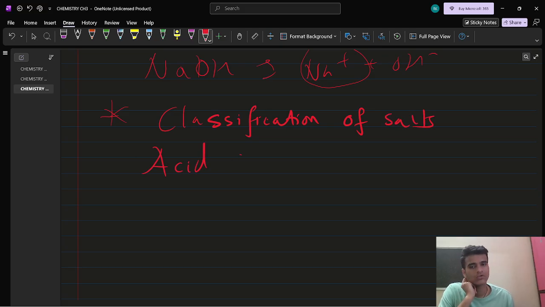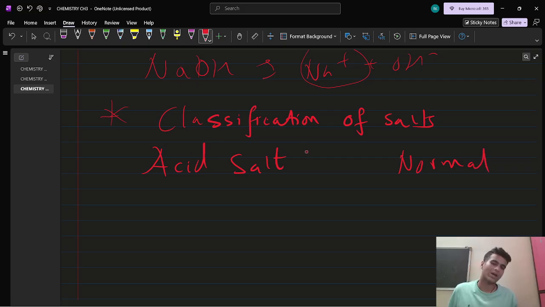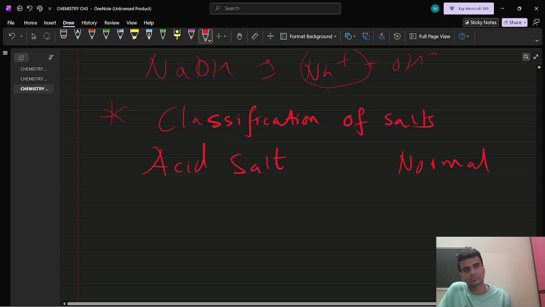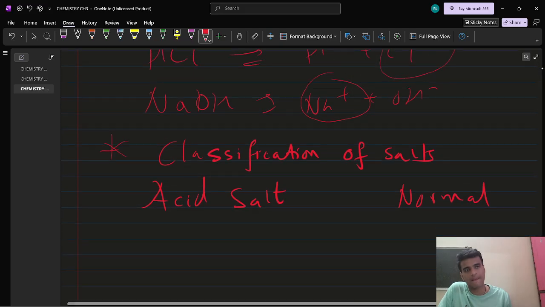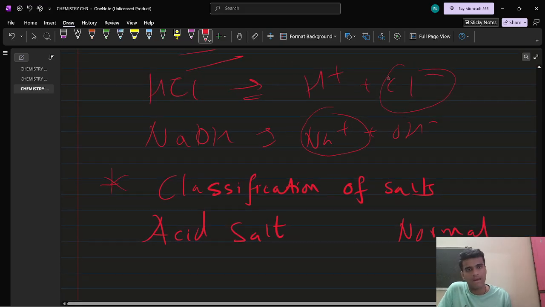There are two types of salts: acid salt and normal salt. In acid salt there is incomplete neutralization. Let me show in this example. HCl is monobasic, so it actually cannot form an acid salt.